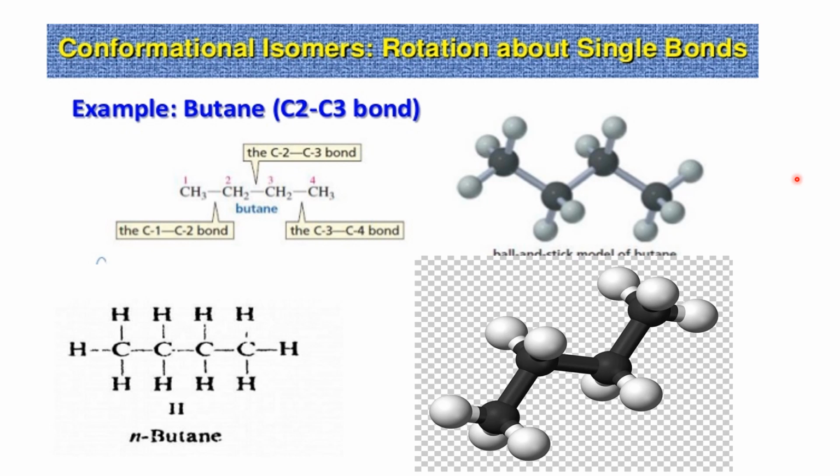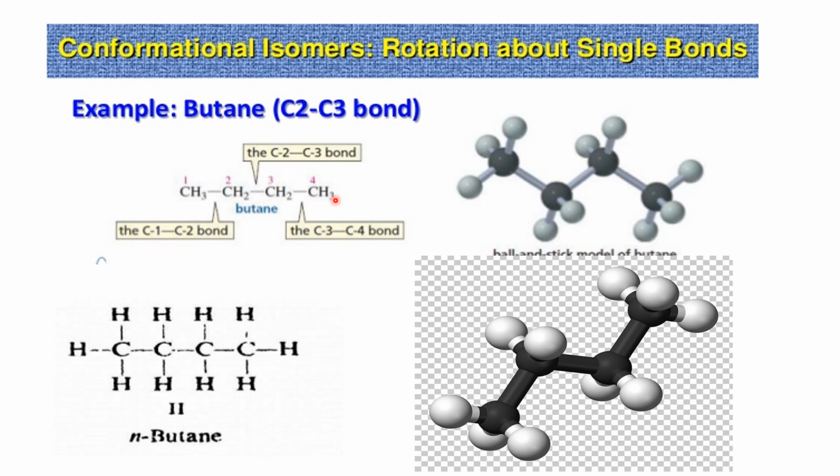Now we discuss the conformations of another molecule, that is butane. Butane is CH3, CH2, CH2, CH3. So when we consider butane, all the carbon-carbon bonds are single.